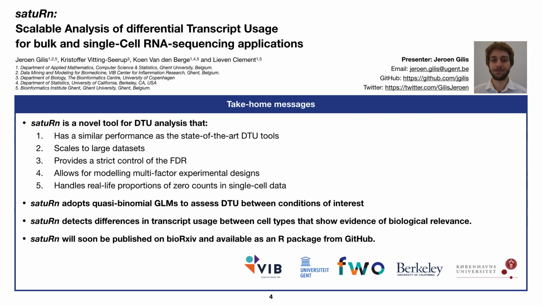The statistical framework of satuRn relies on a quasi-binomial generalized linear model. In a case study, we have shown one example of how satuRn was able to detect differences in transcript usage between cell types that are likely to be biologically relevant.